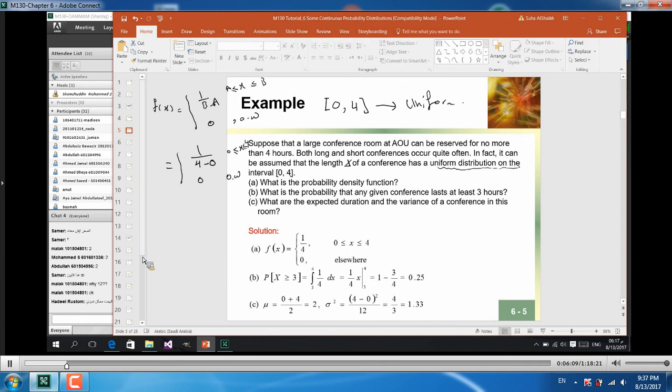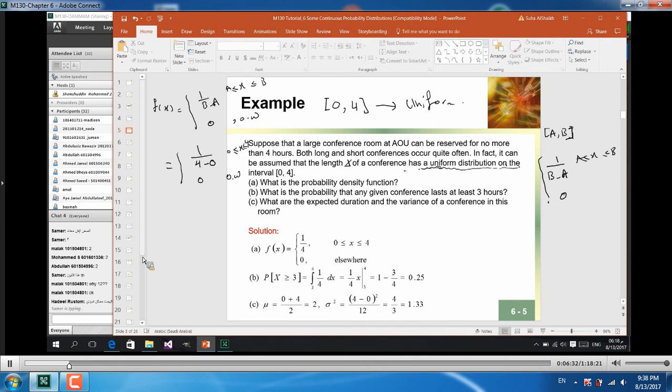It's given by the uniform distribution on the interval AB. One formula: 1 over B minus A when x is between A and B, and the rest is 0. This is the formula if they say it's a uniform distribution.